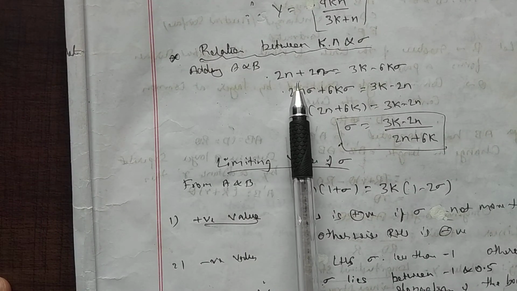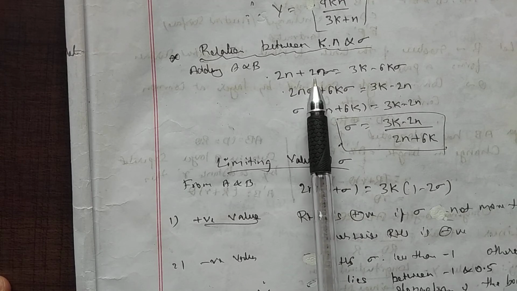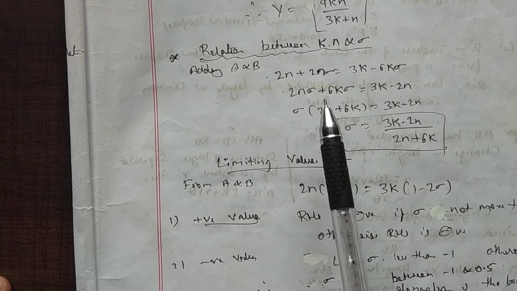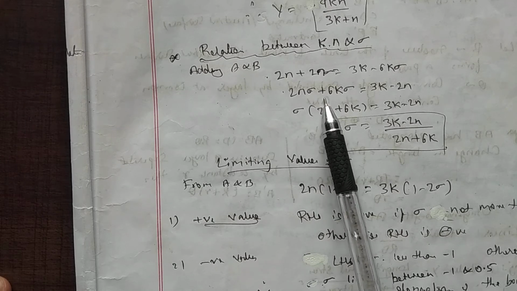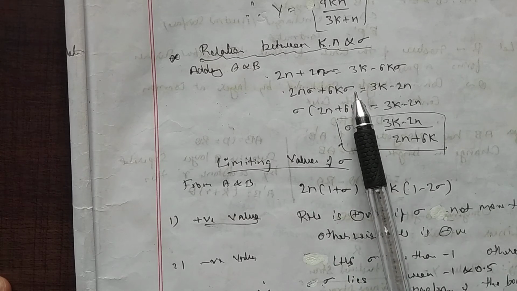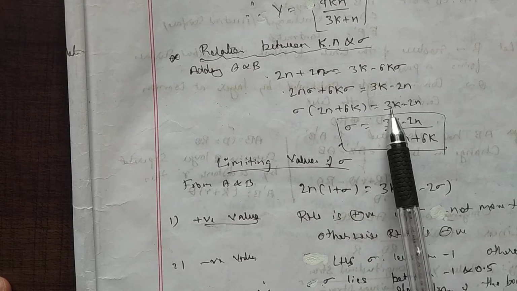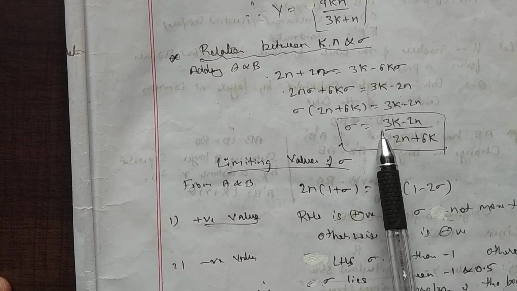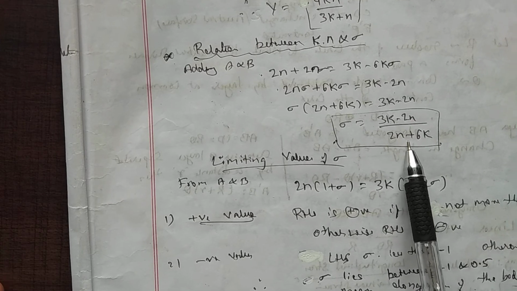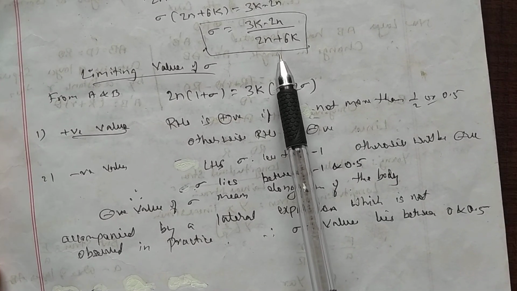Adding A and B, we get 2n plus 2n sigma is equal to 3K minus 6K sigma, or 2n sigma plus 6K sigma is equal to 3K minus 2n, rearranging the terms. Or if you take sigma common, that is sigma into (2n plus 6K) is equal to 3K minus 2n, or sigma is equal to (3K minus 2n) divided by (2n plus 6K). So these are the two relations which I have established.